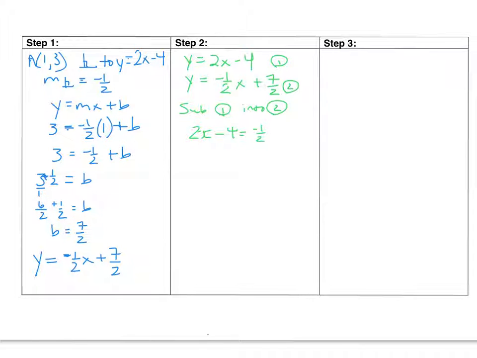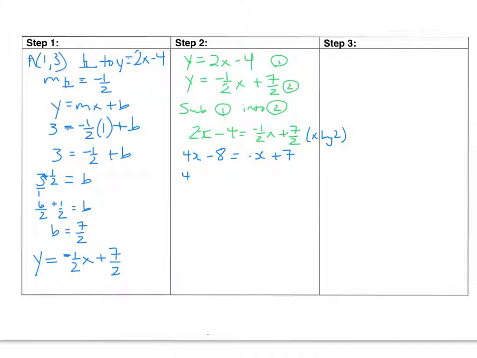Now I've got fractions with a denominator of 2, so I'm going to multiply everything by 2 to eliminate my fractions. I'm going to end up with 4x - 8 = -x + 7.